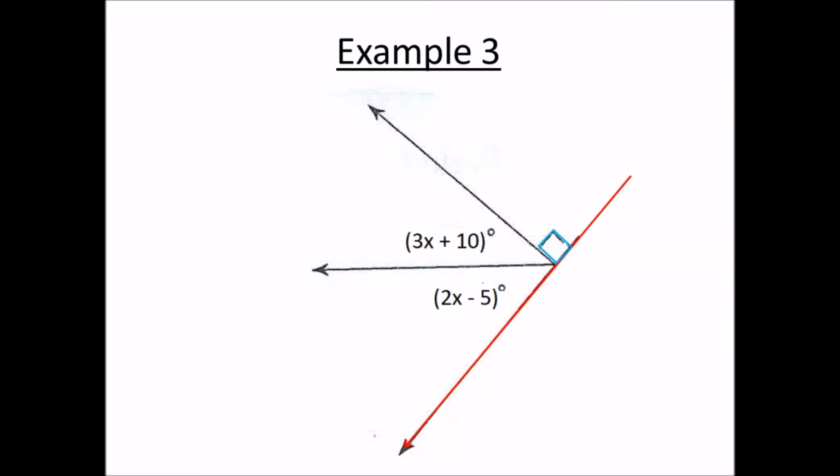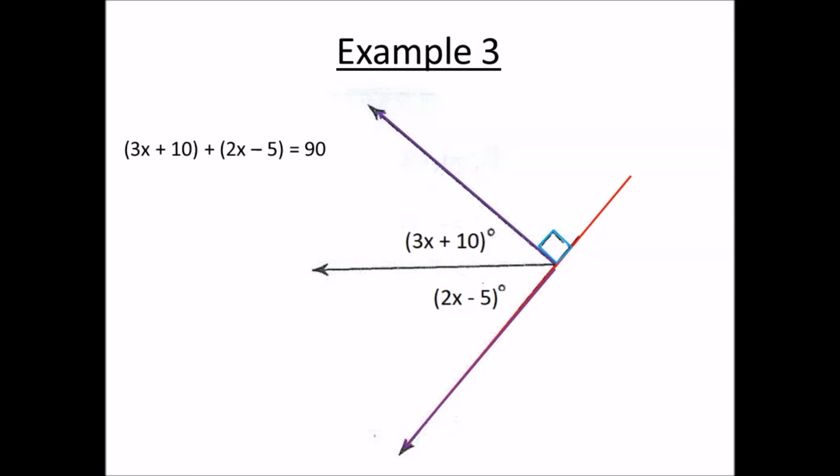So if that's 90 degrees, then the sum of these two angles right here has to equal 90 degrees. If that's all the information I know, then I can put the two angles together. It's going to look something like this: the 3x plus 10, and then the 2x minus 5. We're adding those together and saying that they both equal the sum of 90 degrees.